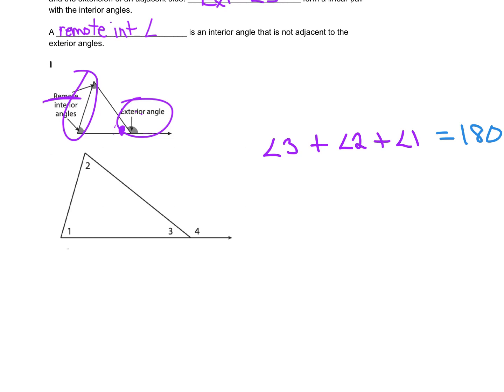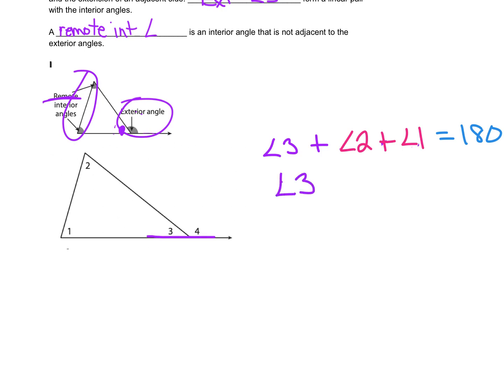We also know, hang on, let me write this in pink. Angle 2 plus angle 1. Those are all the angles in a triangle, right? 1, 2, and 3.